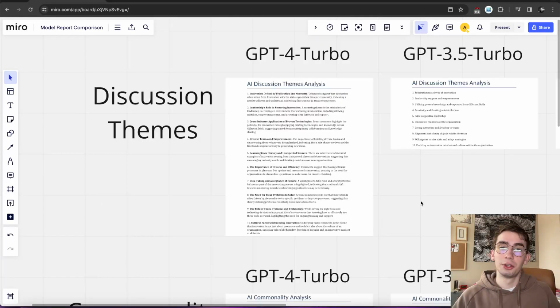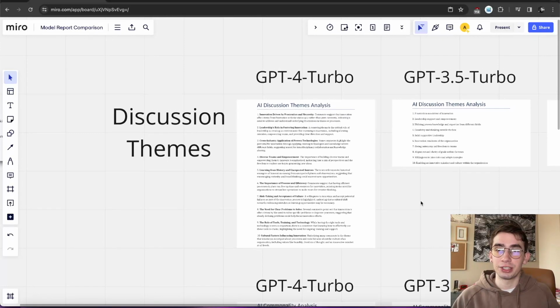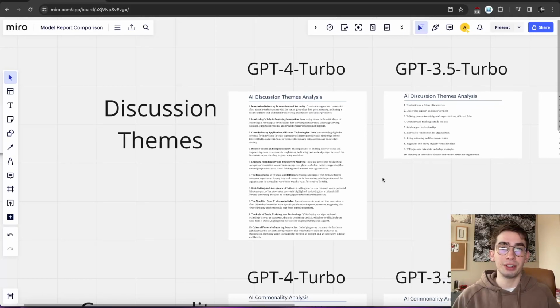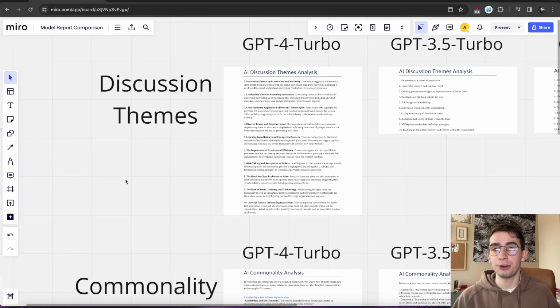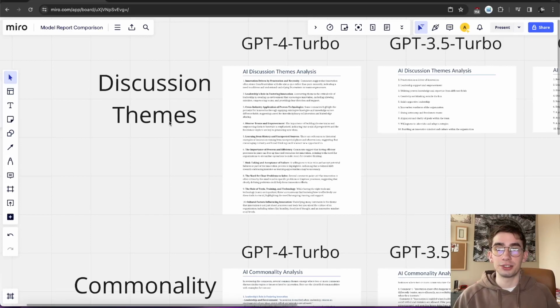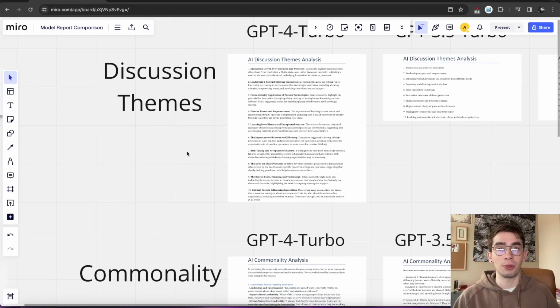Quick refresher as to what we're actually analyzing within this program. It is first going to extract the comments from a social media post and then run it through 4 different analyses. The first one being this discussion theme analysis, where it'll pull the current discussion themes among the comments.